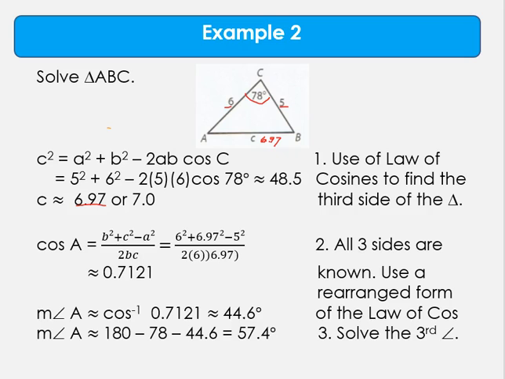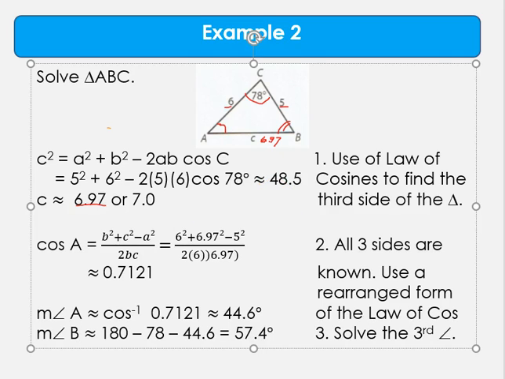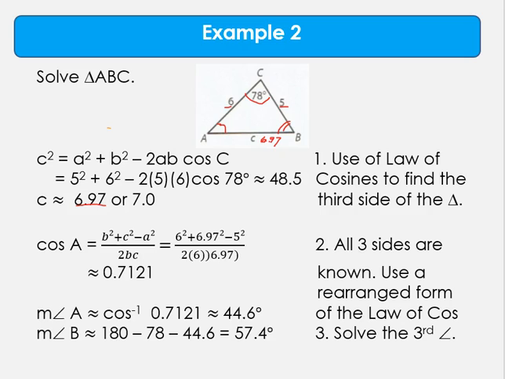They want us to solve for the measure of angle A also, and then the measure of angle B. So what you can do, it says all 3 sides are known. Use a rearranged form of the law of cosines to solve. So if you have all 3 sides, you can use this equation.